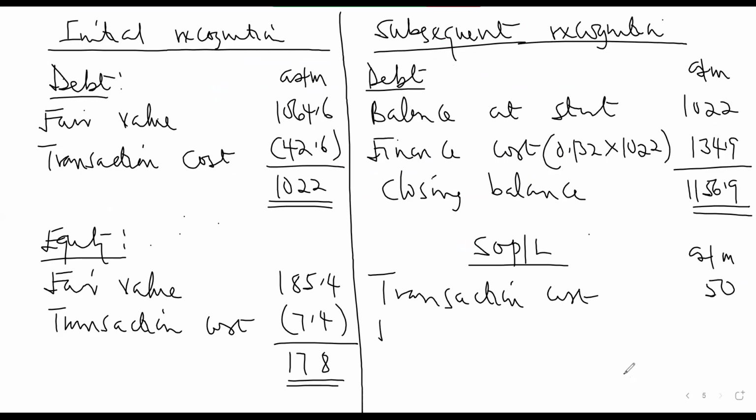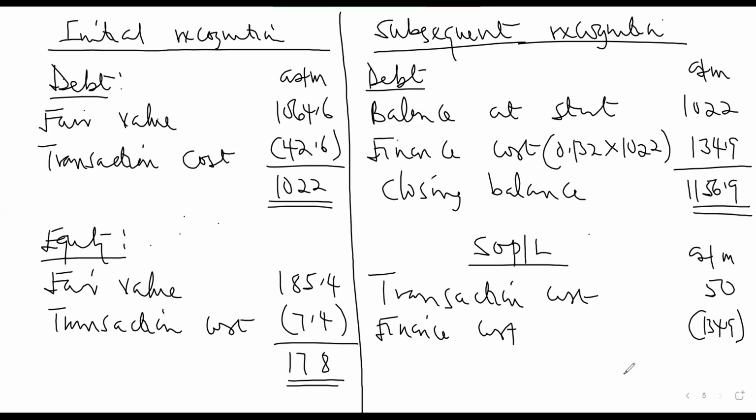Then you now bring the finance cost of 134.9, or you can subtract the transaction cost from the finance cost because that has already been charged to profit or loss. So you can subtract it. 50 has already been charged. So what will be the remaining amount that will be charged? So you can net it and bring the net amount over here.